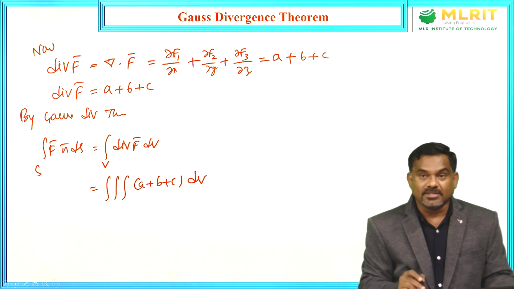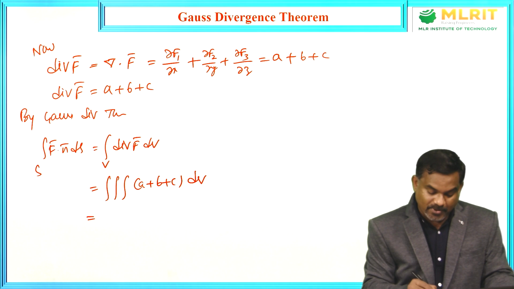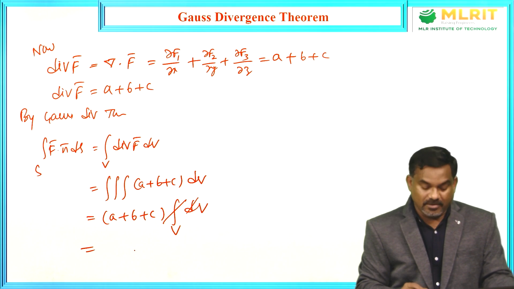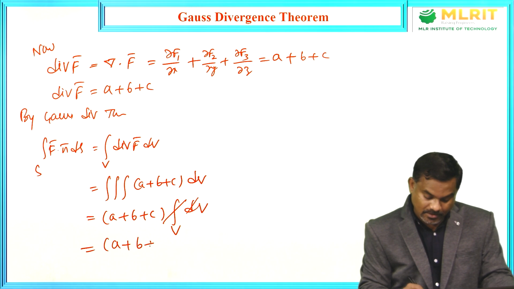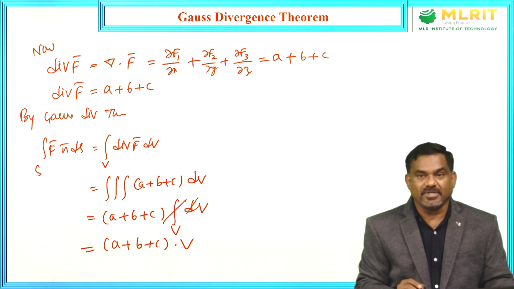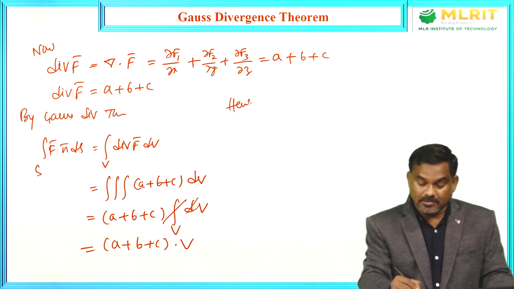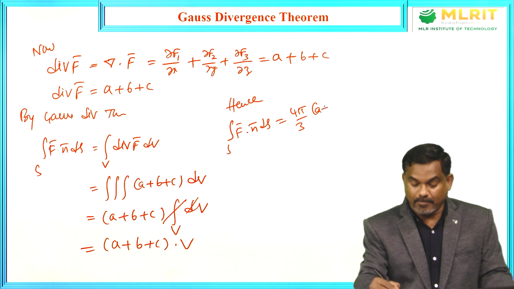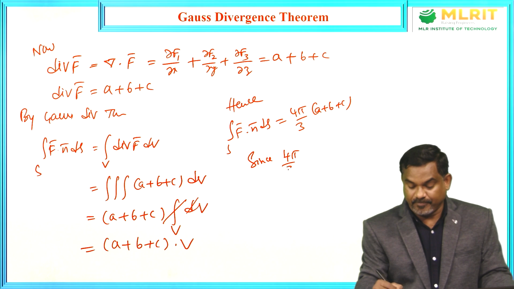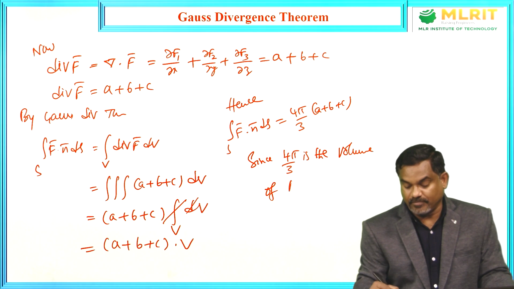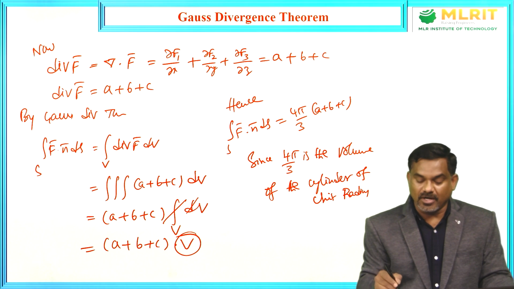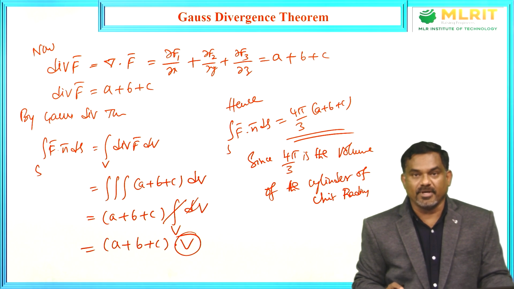But in this problem, since the function is constant, a + b + c is a constant value, so I can write it outside the integral, leaving the integral of dV over V. So we get (a + b + c) times V. The given region is a sphere of unit radius, and its volume is 4π/3. Hence the surface integral is 4π/3 times (a + b + c).